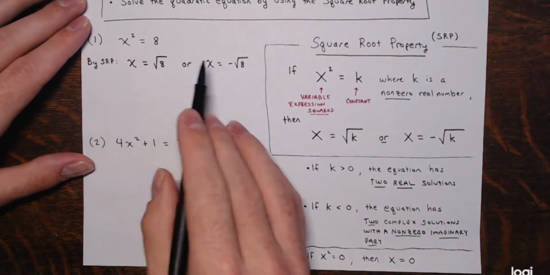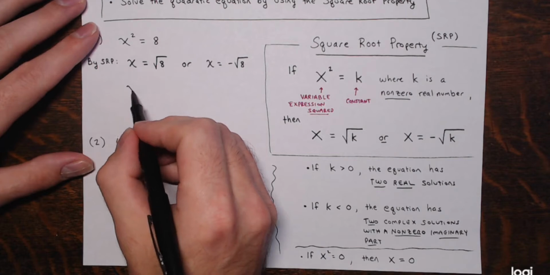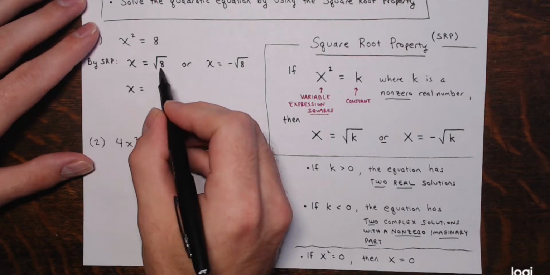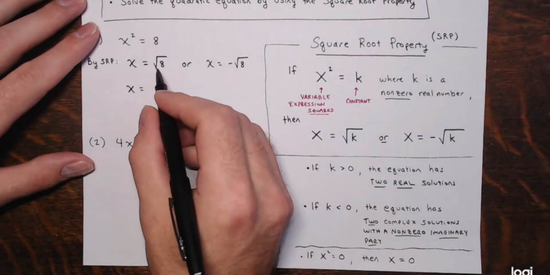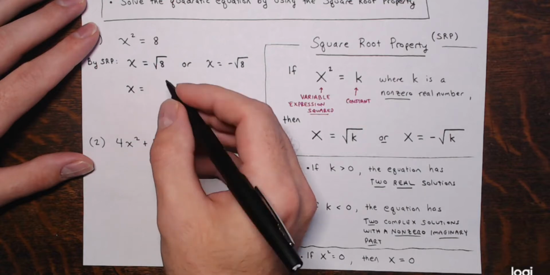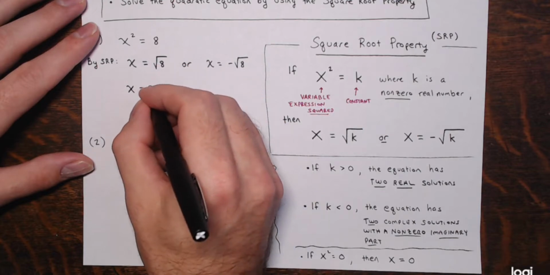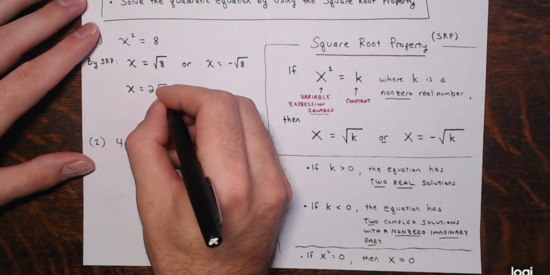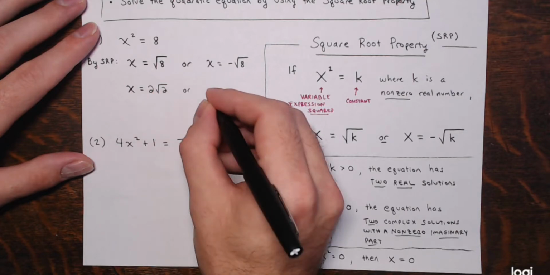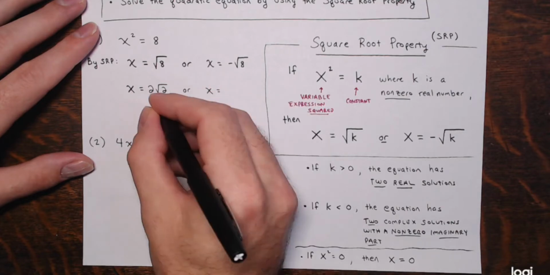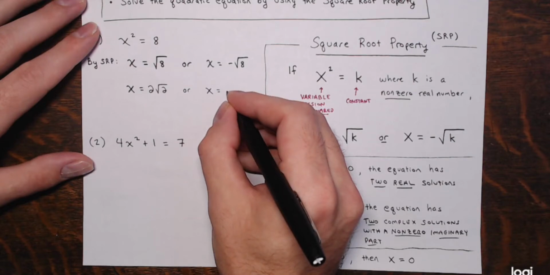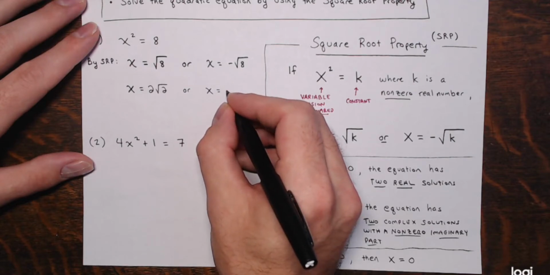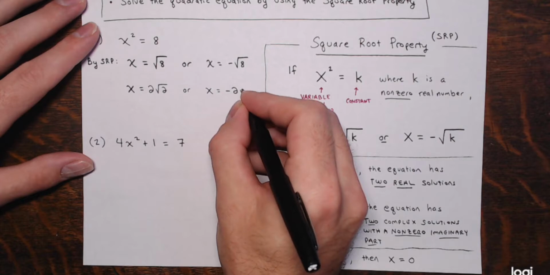And then we, of course, simplify radicals. So, x equals the square root of 8, which is the square root of 4 times the square root of 2, which is 2 times the square root of 2. Or x equals the opposite, negative 2 times the square root of 2.